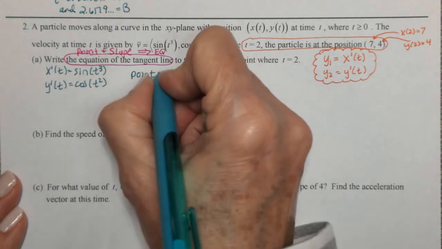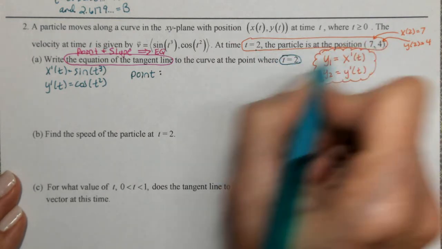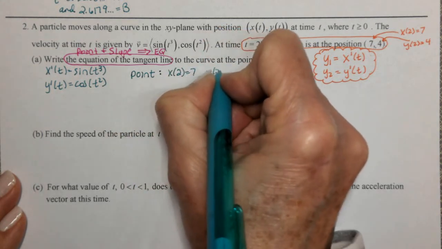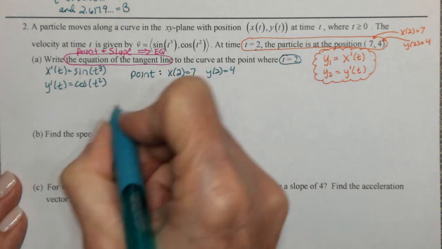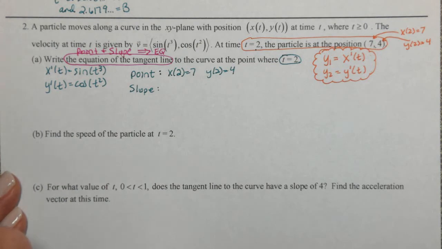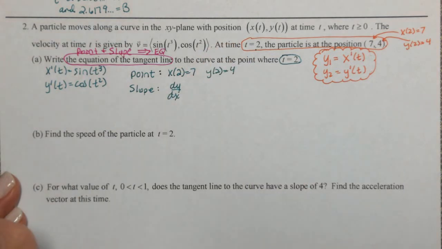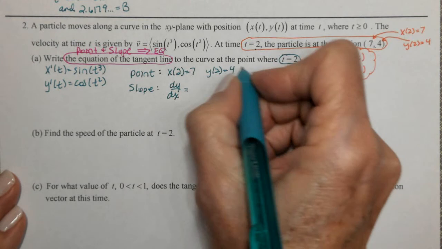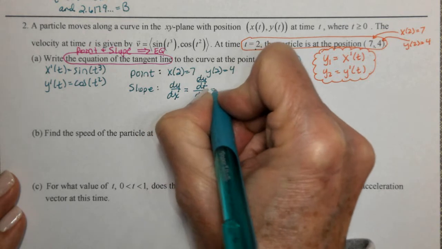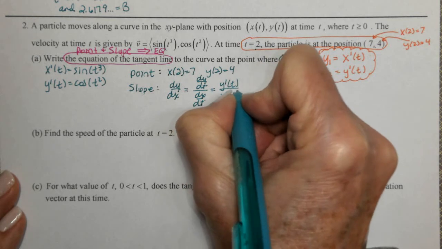Do them both. The point where t is 2 was the exact same point that they gave me. X of 2 is 7, y of 2 is 4. The slope. Well, slope is dy/dx, which in parametrics is dy/dt over dx/dt, or another way to say that is y prime of t over x prime of t.